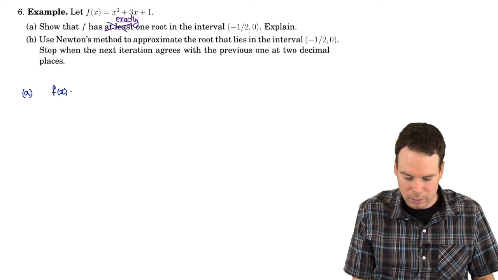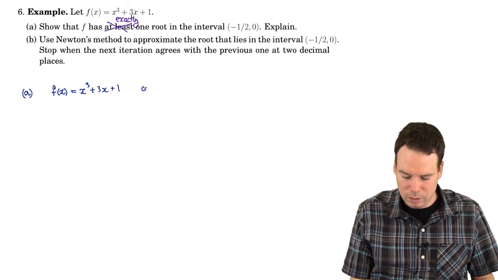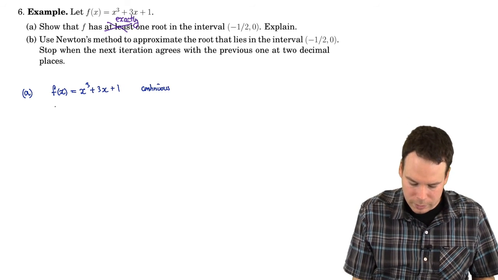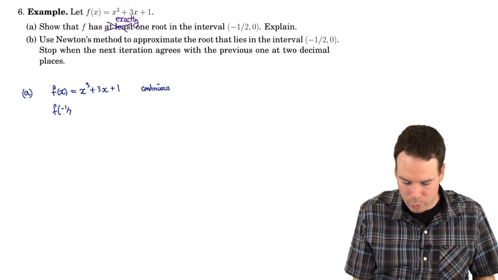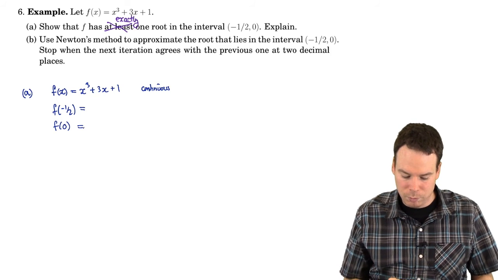Well, here's the thing. We've got this function, which is continuous. And let's look at the function value at the endpoints, because I'm hoping that one of them is going to be positive and one of them is going to be negative, so I can then conclude by the intermediate value theorem that there's a root between them.